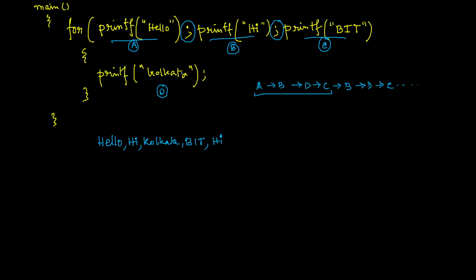And now if I say let's write another type of for loop. Suppose I want to make an infinite loop. What does it mean?